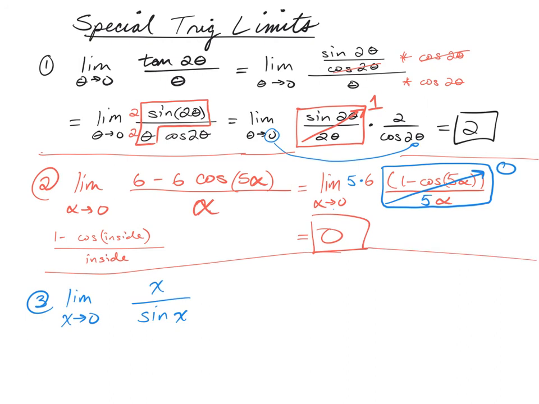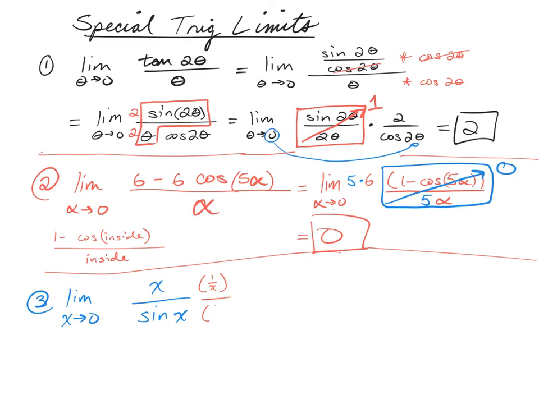In the third example, the limit as x approaches 0 of x divided by sine of x. In order to see how this works, instead of multiplying by something relatively nice, like cosine of 2 theta in the first example to get rid of the fraction within a fraction, in this example, I'm going to multiply by 1 over x, top and bottom.